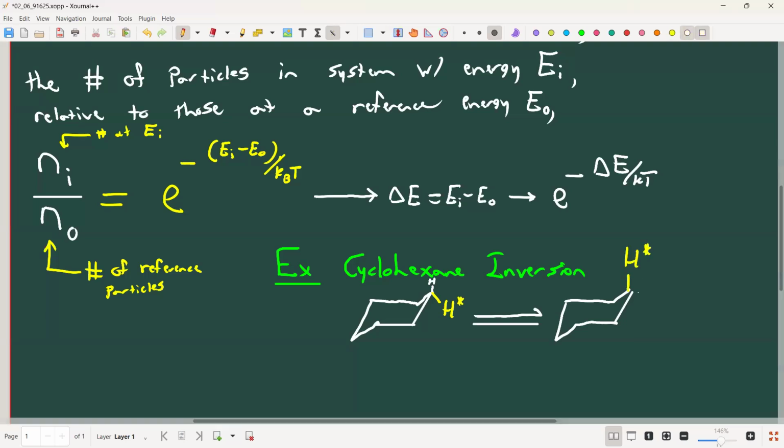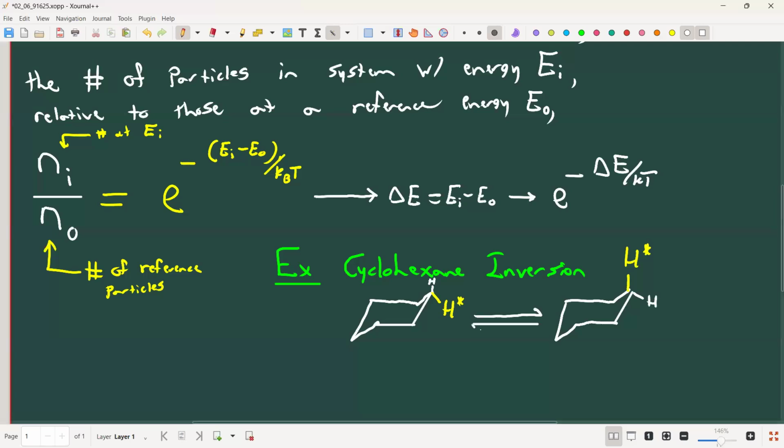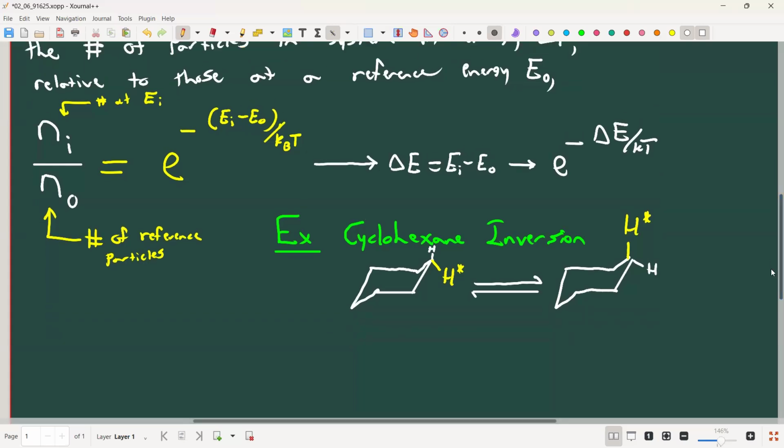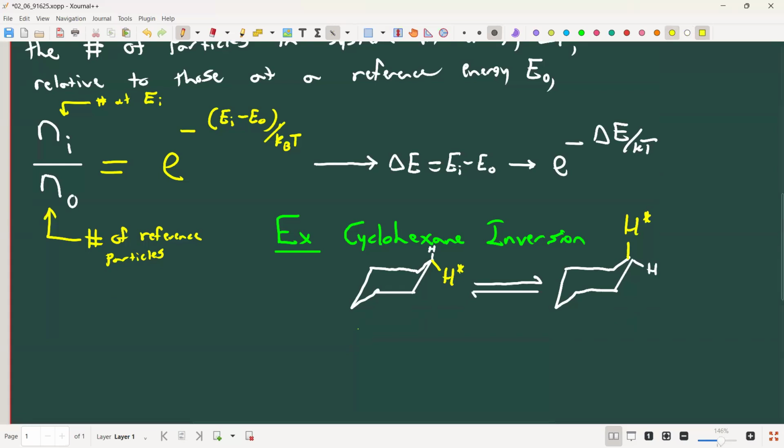People typically studied this equilibrium by replacing the H with a deuterium, which is just hydrogen with an extra neutron, a heavier atom. And so here's an interesting question: what if I choose H prime, this special atom, to be fluorine?